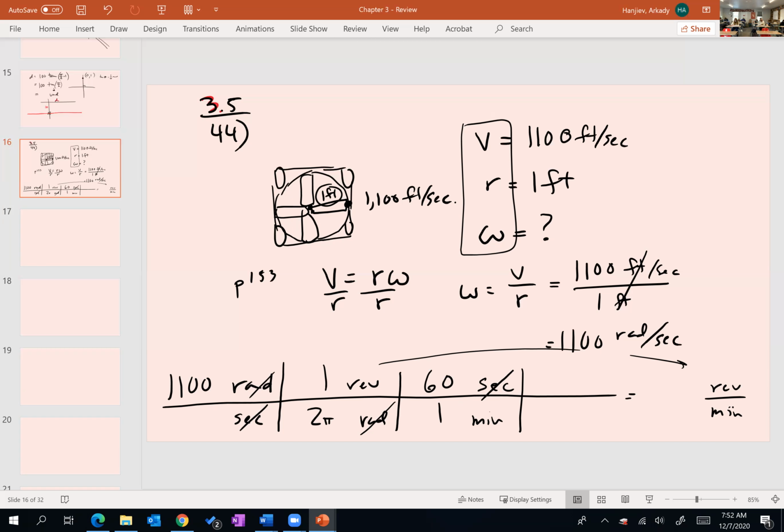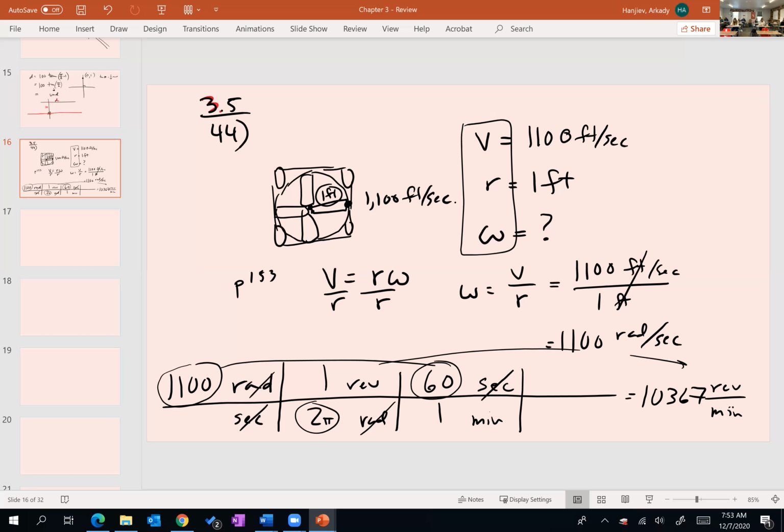All right, I do need a calculator here. Somebody give me 1100 times 60, then divide it by 2 pi. And we forget all the ones in there. Ones don't matter because you multiply with 1, keep it the same. So 1100 times 60 divided by 2 pi. I got 10,367 and then rounded 3.